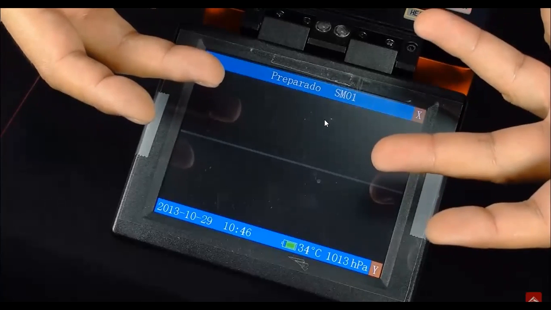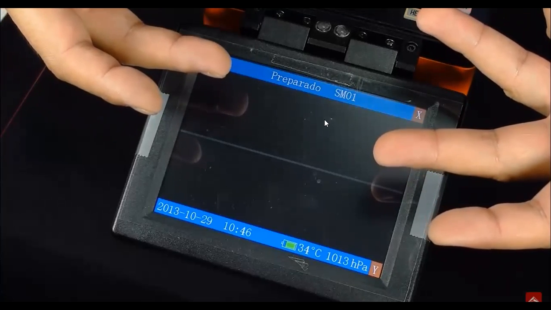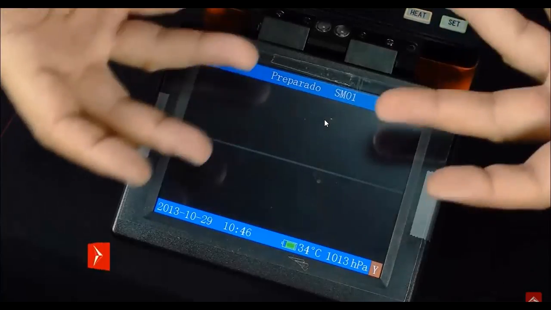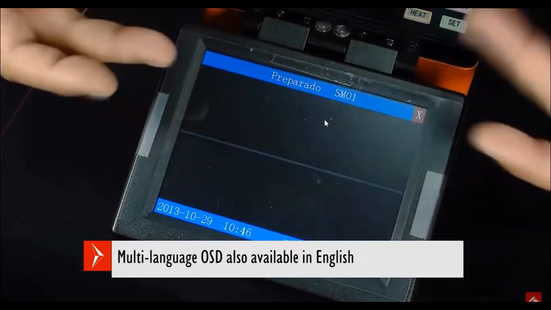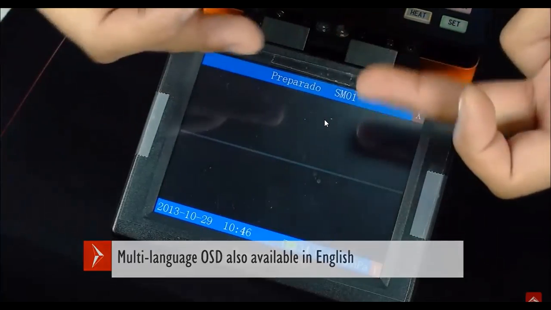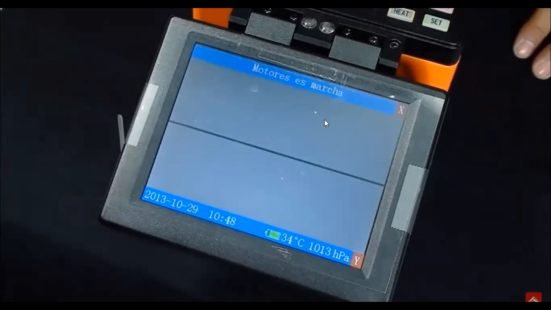Now, the device shows the fibers on the screen. They are automatically aligned in both vertical and horizontal planes until the cores are centered. Once the cores are centered, the fusion process starts.